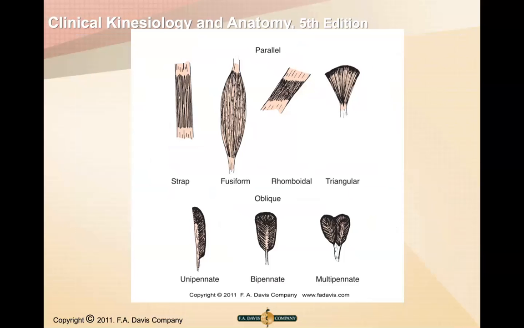I don't care that you know the difference between a regular strap muscle and a fusiform muscle and a rhomboidal muscle. It is good to know as you're studying it, but I'm not going to ask you on a test what shape of parallel muscle the biceps brachii is. But if you do need to study this to understand it better, then I would encourage you to do that.